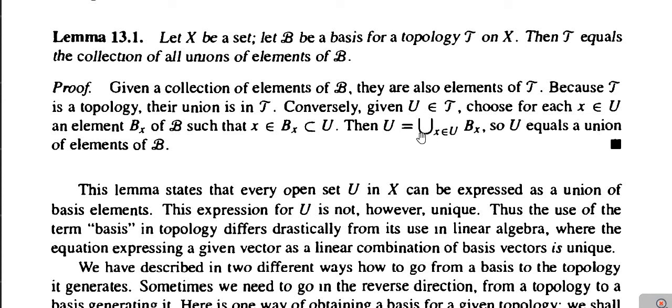That is, U is equal to the union of Bx where x belongs to U, and therefore U is equal to a union of elements of script B. Like this we have proved this lemma.